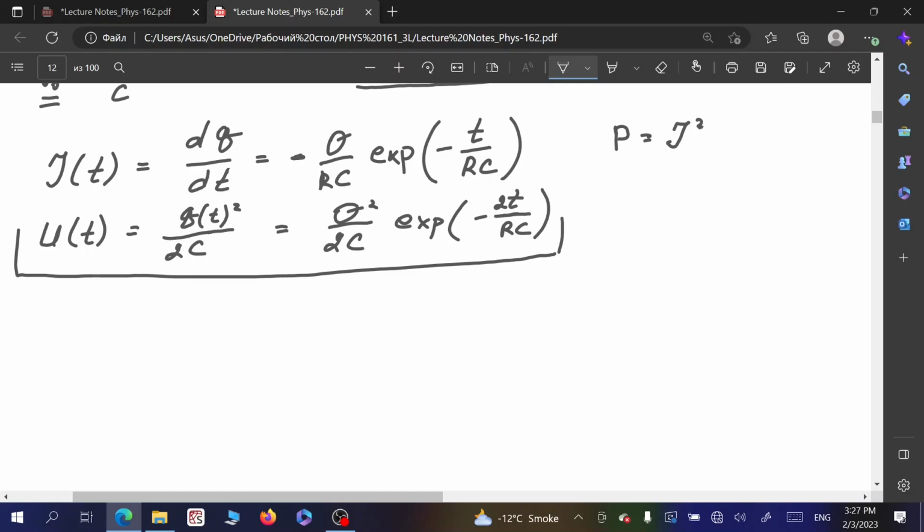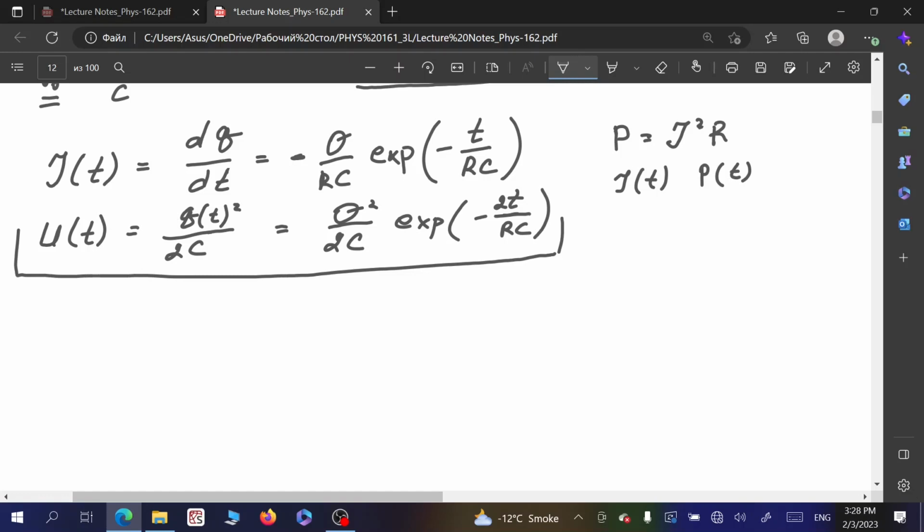It is I square times R. So now we know that obviously current is a function of time, and this power will be also a function of time. So we can talk about instantaneous value of this power, which is electric power dissipated over load resistor, because current is a function of time.